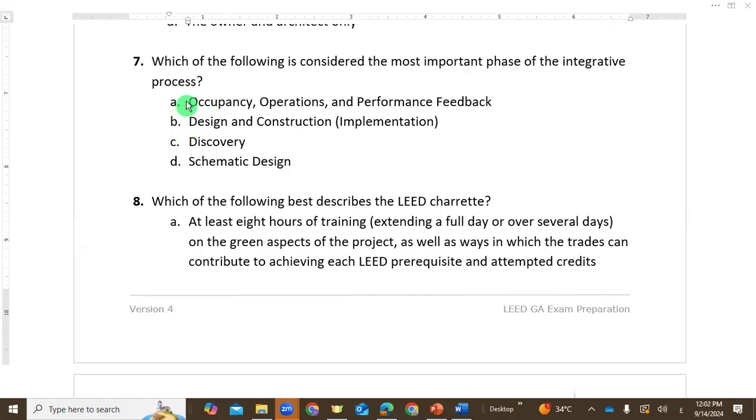These are the 3 phases of the integrative process: discovery, design, and occupancy. In arrangement, arrange it C, B, A. This is the 3. But he's asking here, what is the most important one of these 3, C and B and A? Discovery, construction, which is B, or occupancy?